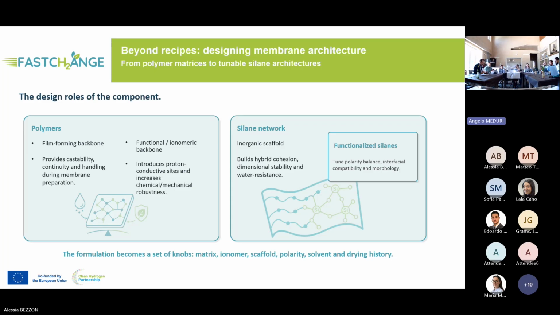Perfect. So, as I said before, we are approaching the problem of the membranes by integrating a polymeric backbone with a silane network.